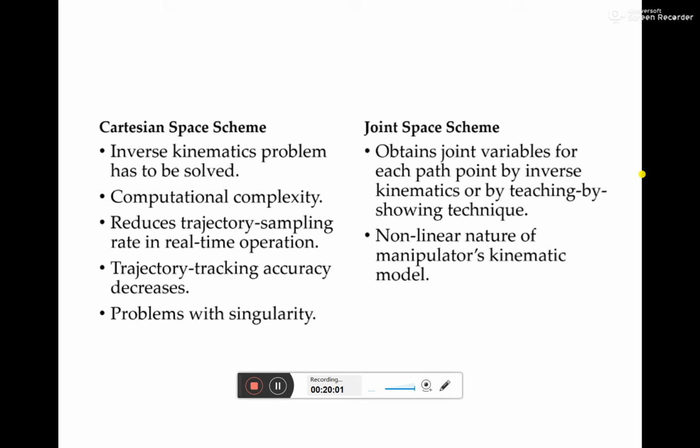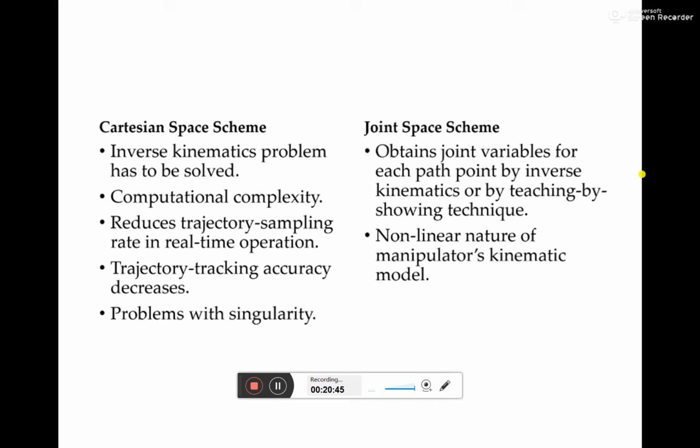The Cartesian space scheme is like the inverse kinematic problem we already discussed, how to do the inverse kinematic problem. In the joint space scheme, we obtain the joint variables for each point by inverse kinematics or by the teaching by showing technique. Sometimes a teach pendant, that is, teaching by showing techniques, can also be used to get the joint variables. The computation is very complex in the Cartesian space technique compared to the joint space technique, and the Cartesian space scheme reduces the trajectory and sampling rate in real-time operation.